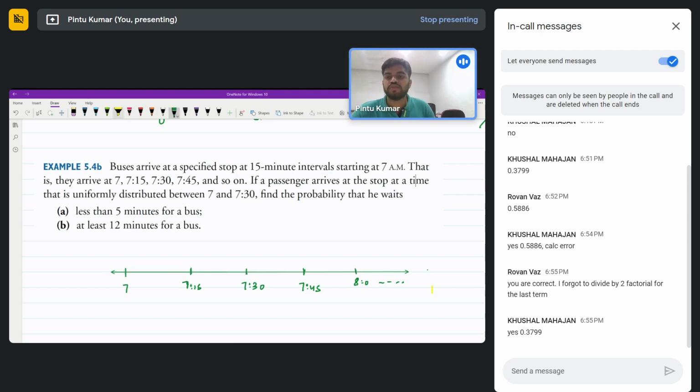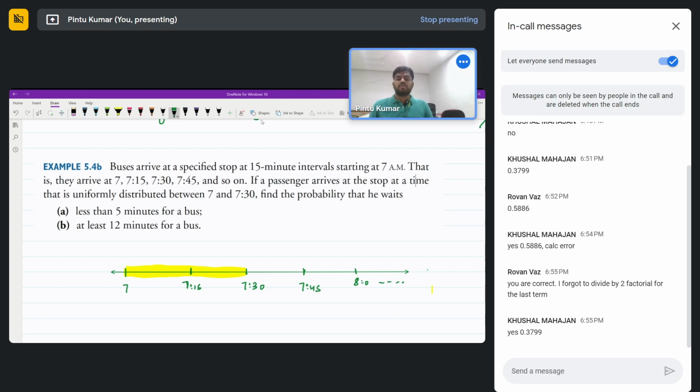A passenger arrives uniformly between 7 a.m. and 7:30. This is our region. Find the probability that he waits less than 5 minutes for a bus.